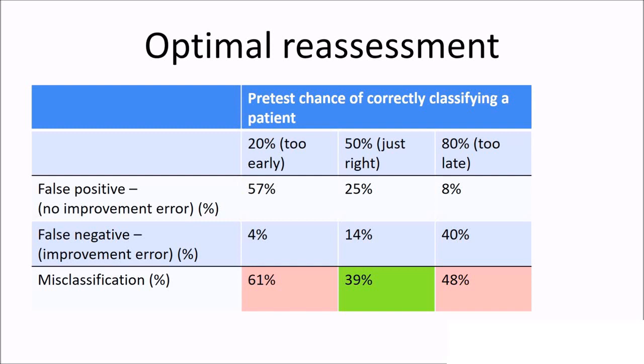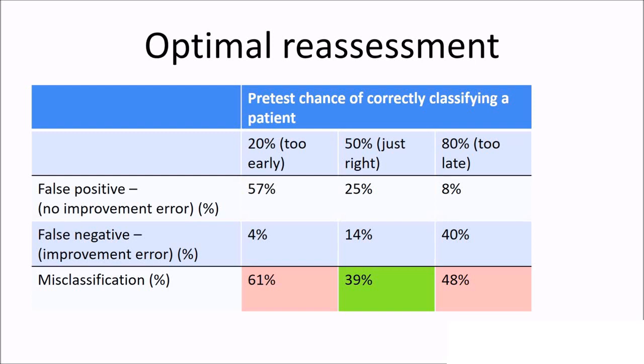Now, on its own, that figure does not mean anything. However, if we assess the patients too early, the false positive actually increases in percentage compared to when we reassess the patient at just the right moment.